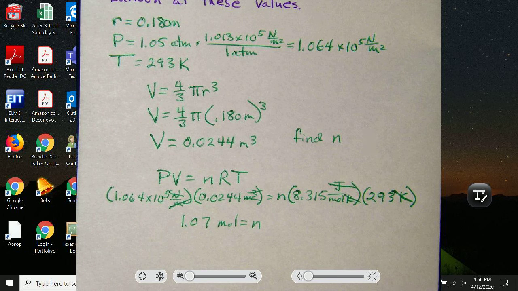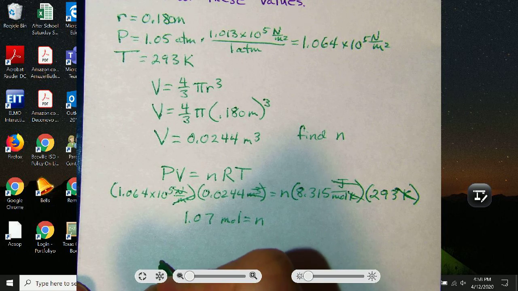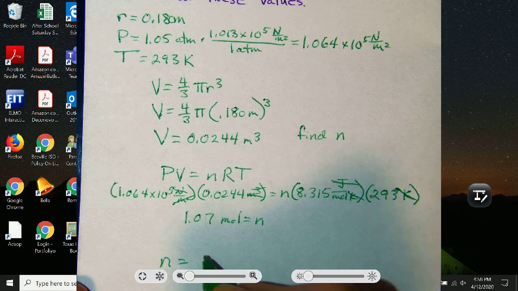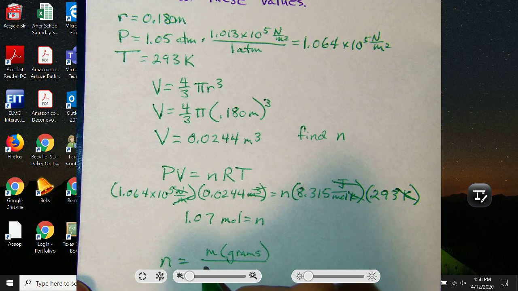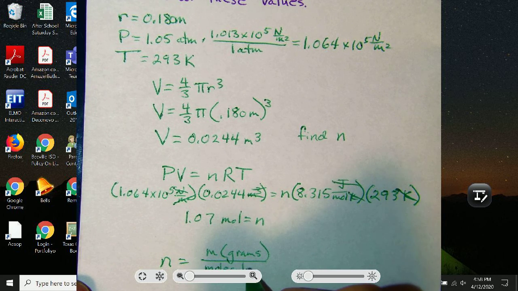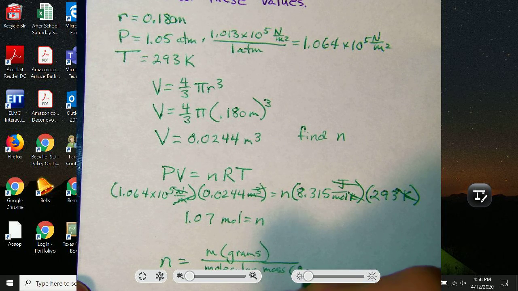Okay, we said that we also wanted to find the mass here. Well, we're going to use the definition of what a mole is. It's the mass in grams divided by molecular mass, which is grams per mole.